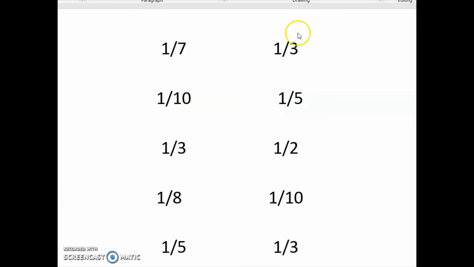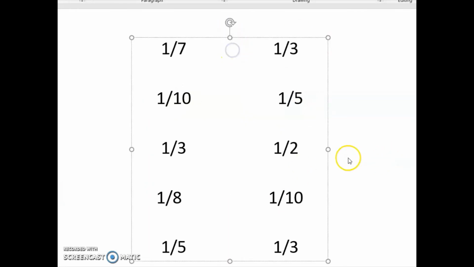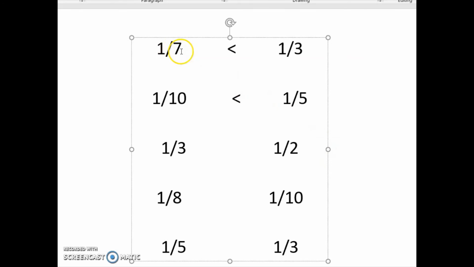We did that already. Okay, let's do it with just numbers. Okay, 1/7 and 1/3. So 1 piece out of 7 is smaller than 1 piece out of 3. 1 piece out of 10 is smaller. See, I know it says 7 here, but 1 out of 7 is less than 1 out of 3. 1 out of 10 is less than 1 out of 5.